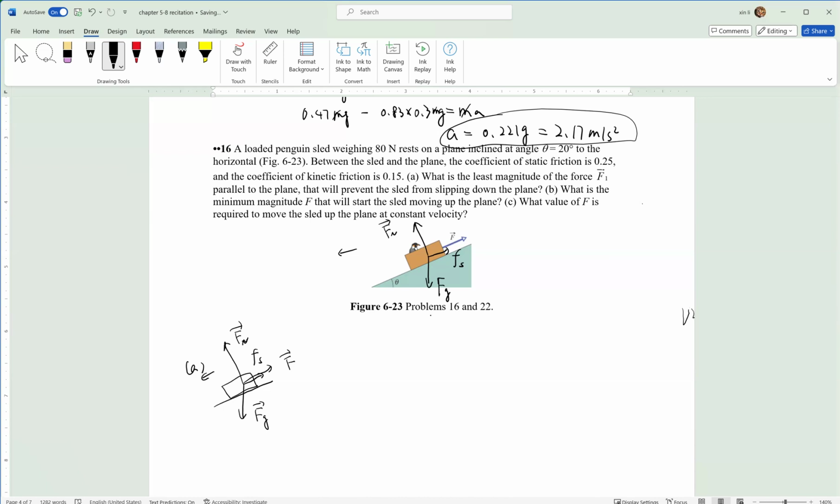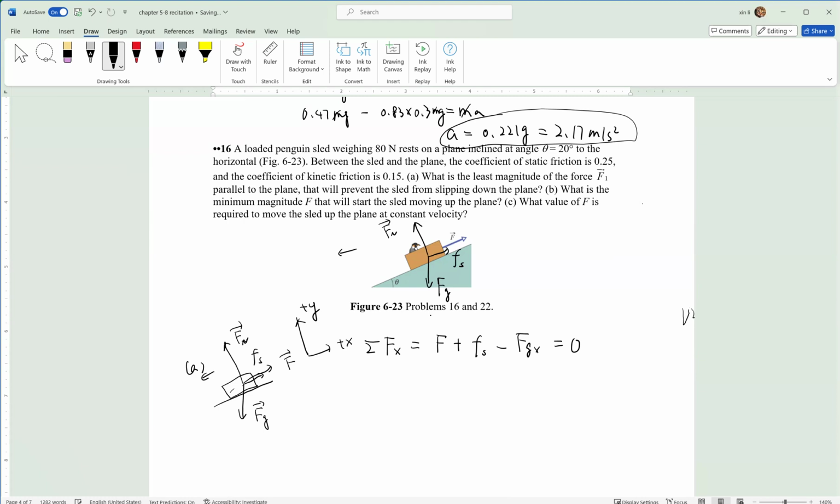Along the x direction, we should have F plus the maximal static friction minus Fgx equals 0. You know why? We can set this as our positive x direction and this as our positive y direction. No motion yet, so it equals 0. F plus Fs minus Fgx equals 0.